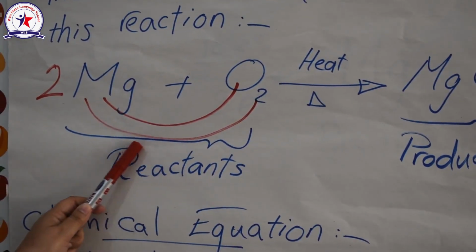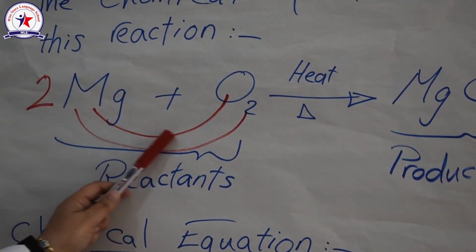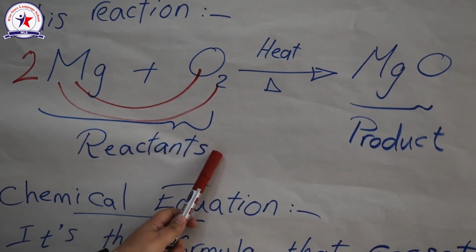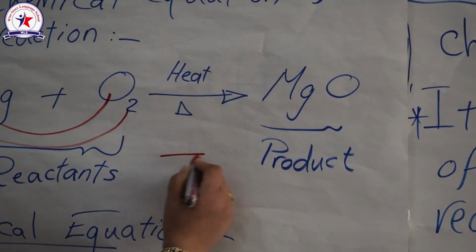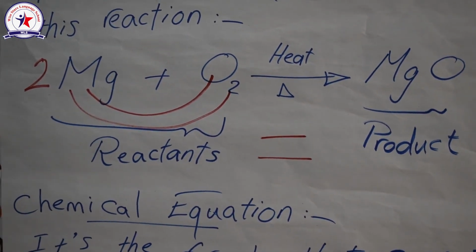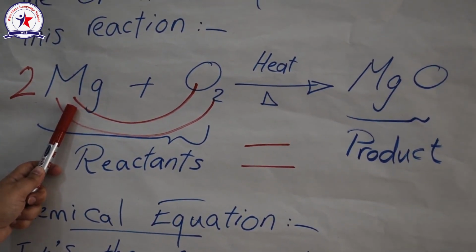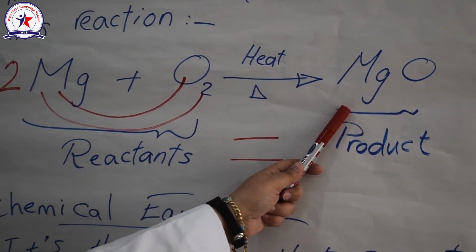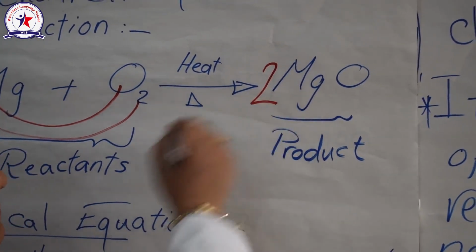So we have two oxygen atoms and two magnesium atoms. Now let's count the number of atoms. The atoms of reactants must be equal to the number of atoms of the product. So we have two magnesium atoms. And in the product we have just one magnesium atom. So we must multiply by 2.